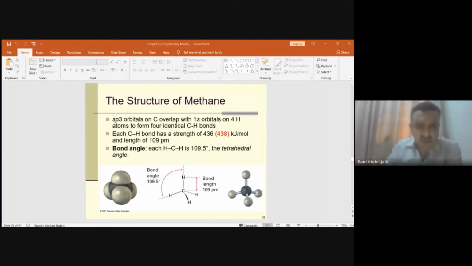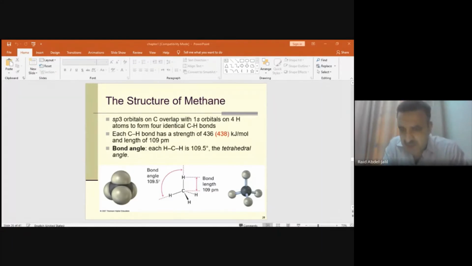You can see in the next slide that we have an sp3 orbital on the carbon. Each sp3 orbital on the carbon will simply overlap with one s orbital on each of the 4 hydrogens. It's worth noting that all atoms, there is no exception here, try to make hybridization when making bonds, and the only exception is simply hydrogen.